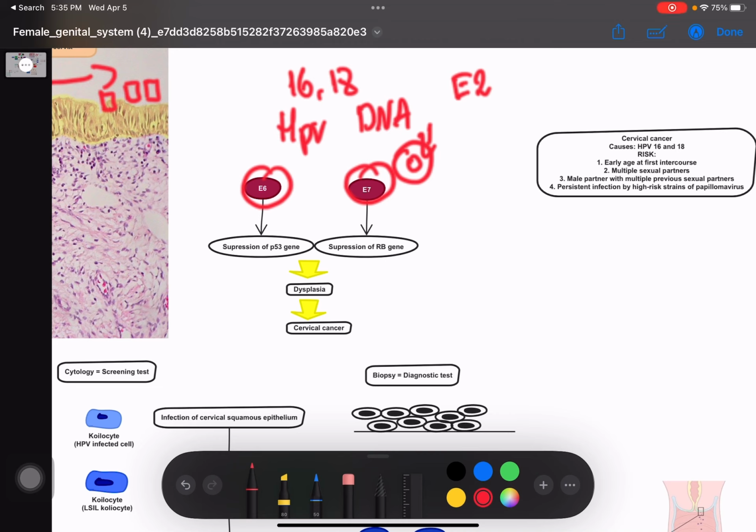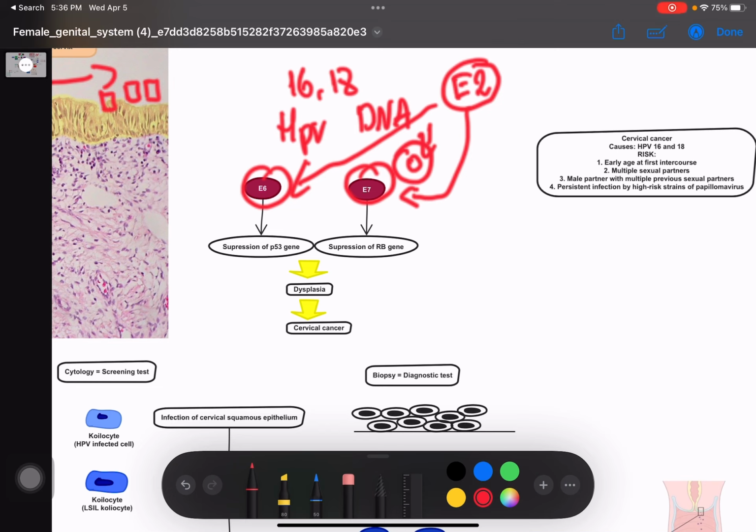So E6 suppresses the p53 gene, which is a tumor suppressor, and E7 suppresses the RB gene, which is another tumor suppressor. E2 usually regulates expression of those two proteins. So if E2 is active, no overexpression of E6 and E7 is happening, and consequently no dysplasia results.